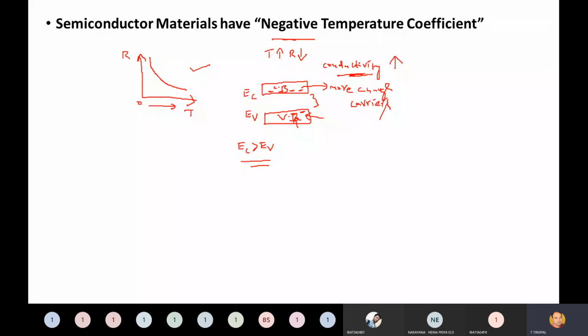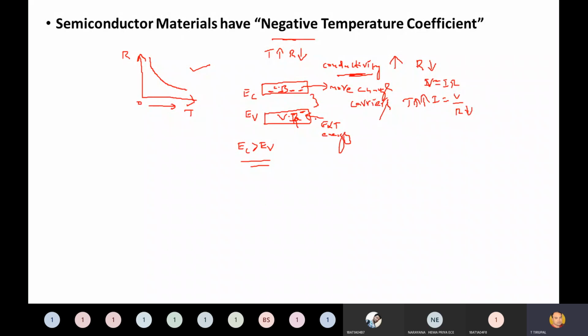Conductivity is increasing, so what about resistance? It decreases, because V is equal to IR, so I is equal to V by R. Conductivity increasing means resistance should decrease. Here temperature is increasing, that is, we are applying external energy in the form of temperature.